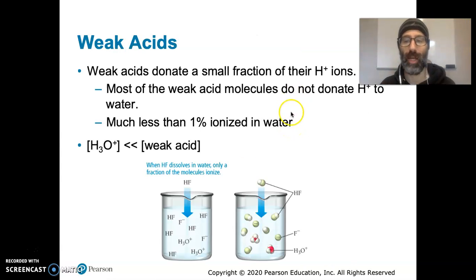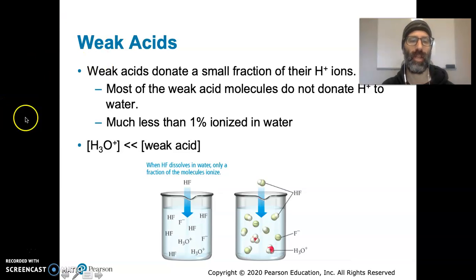Weak acids donate a small fraction of their H plus ions. Most of the weak acid molecules do not donate their H plus to water, very, very little. Much less than 1% ionize in water. Very little of the molecule is going to ionize and donate its proton.